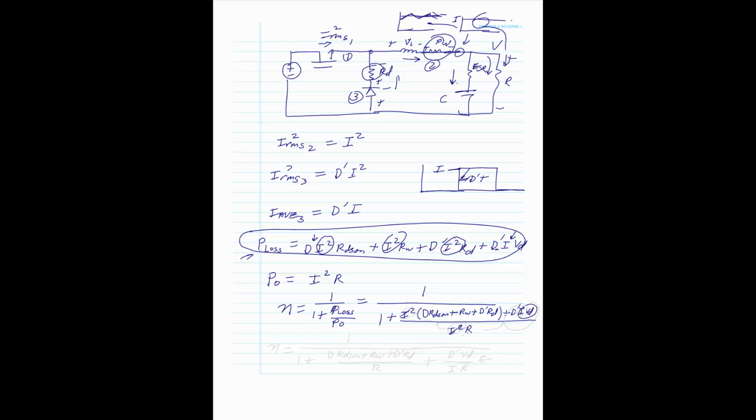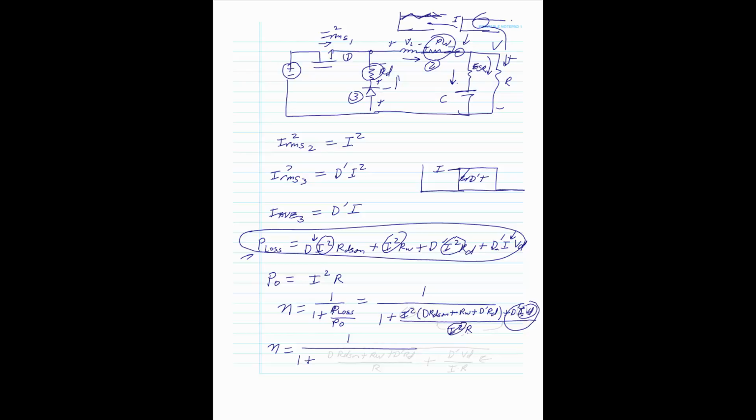The efficiency is going to be equal to, but we have something here. We need to look at what this last term is. Okay, so let's rewrite this. 1 over 1 plus.